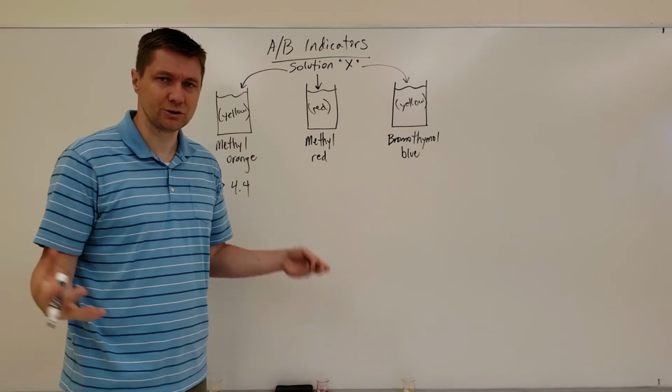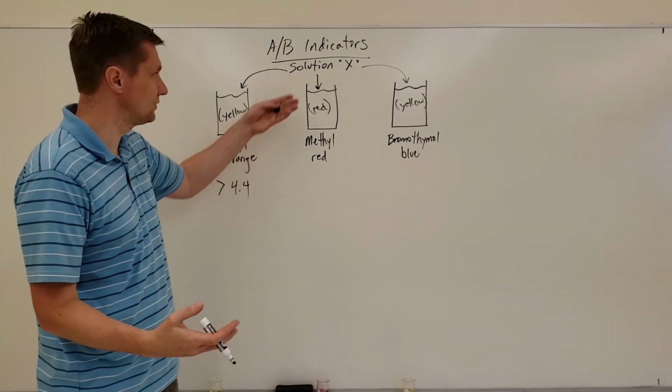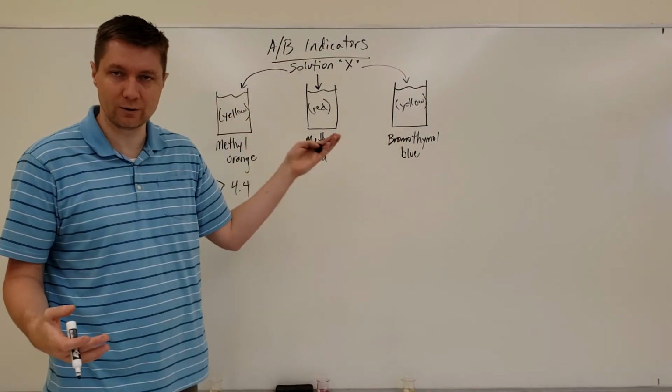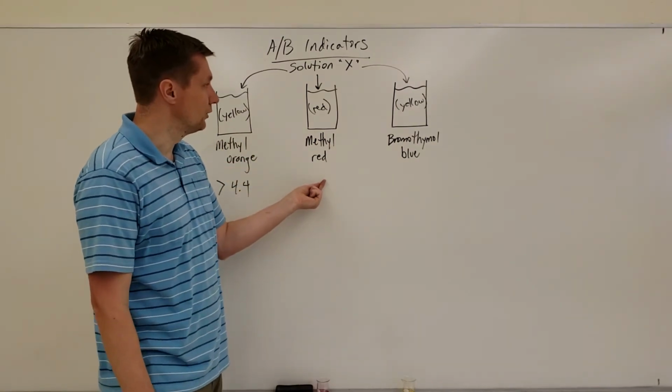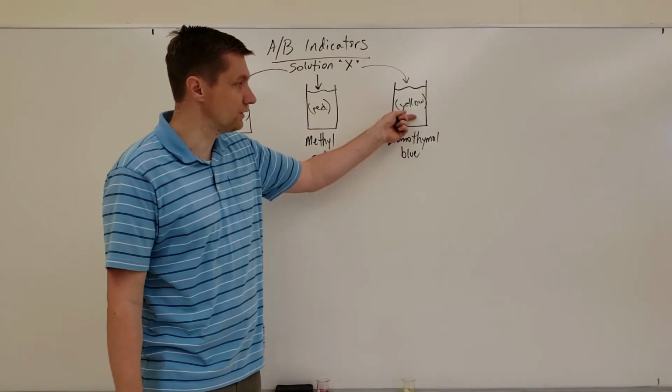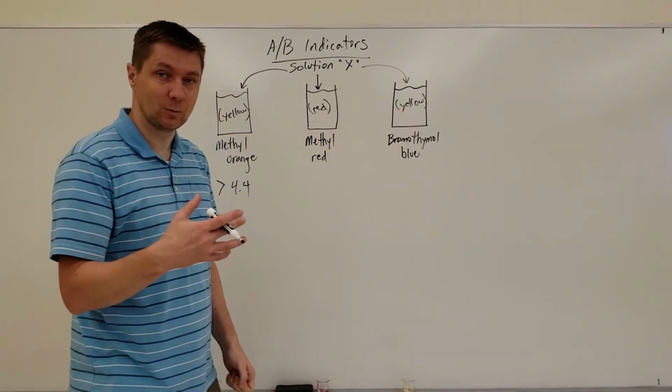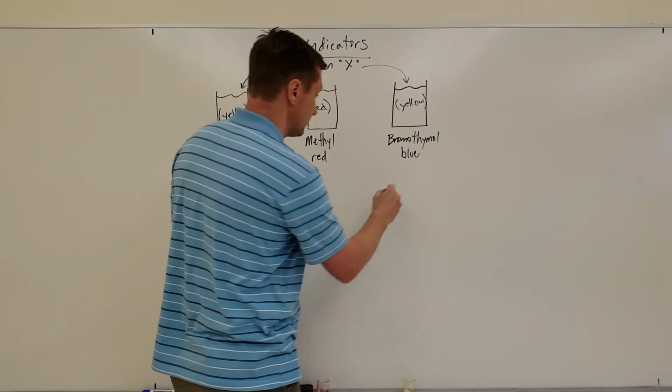And that's all the information methyl orange gives us. But if we use this same solution and test it with other indicators, we can whittle that down to a pretty small pH range. You can see the bromothymol blue over here is yellow, and this tells us that the pH is going to be less than 6.0.